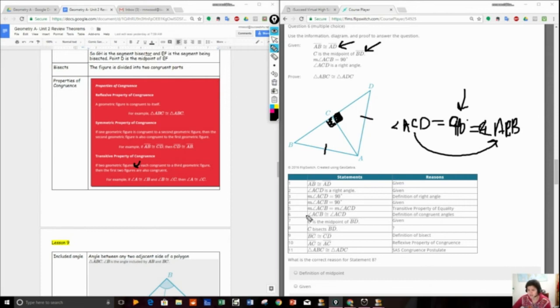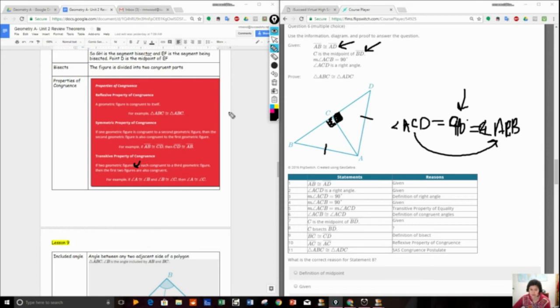So then statement 6, angle ACB is congruent to angle ACD, definition of congruent angles. Then C is the midpoint of BD, given. C bisects BD, and what is that blank? That's what we need to fill in.